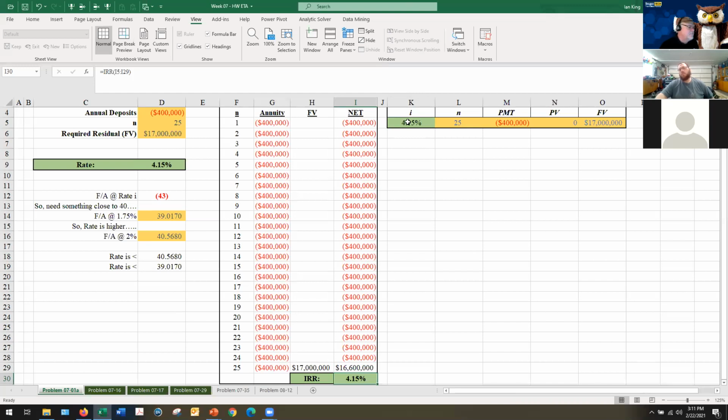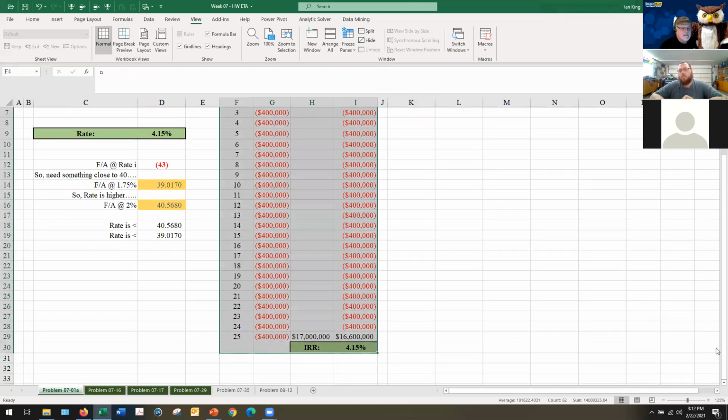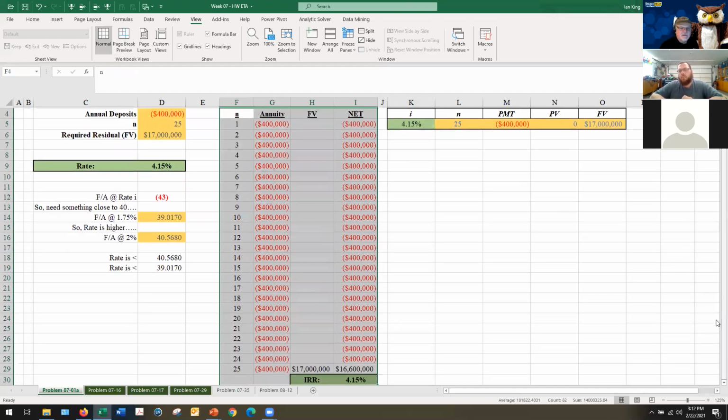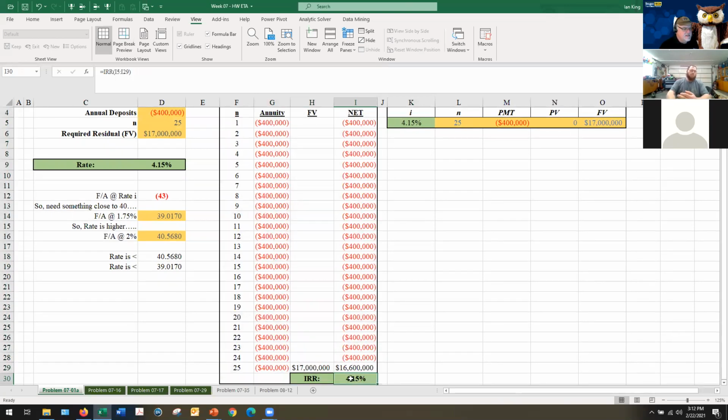Again, putting everything in a table using IRR isn't bad, as long as you're not dealing with like 200 payment periods in a big spreadsheet, but it gets you the same place. The internal rate of return on all this is basically to break even at this, you need 4.15.